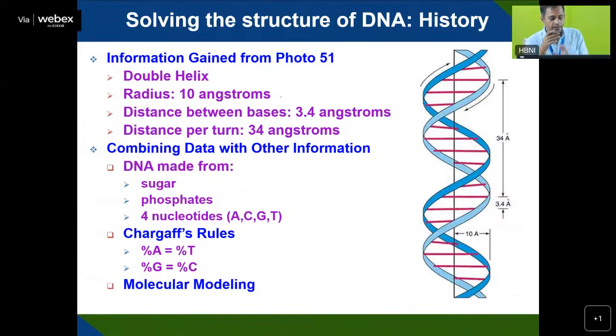They combined this data with the other information they had: DNA is made from sugar, phosphate, and four nucleotides, adenine, cytosine, guanine and thymine, A, C, G, T. Then with the ratio rule that A equals T and G equals C, in molecular modeling they established the DNA structure here. You can see the 3.4 angstrom unit distance and the 34 angstrom distance between the two turns, which they found using X-ray.